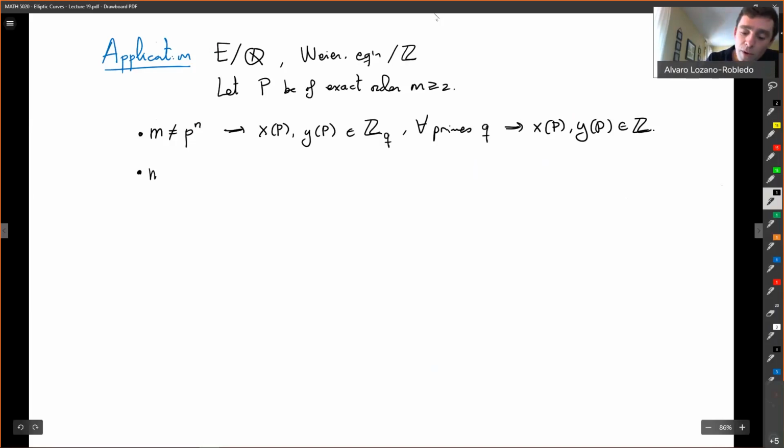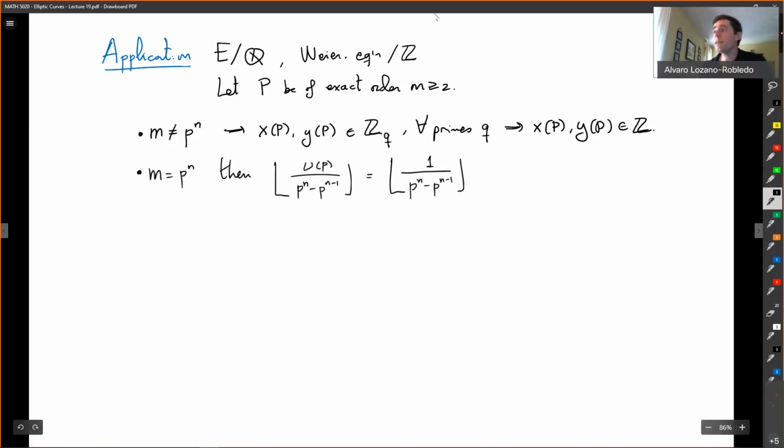If m is a power of a prime, then how much is the largest integer in the valuation of p over p^n minus p^(n-1)? We're talking about Q_p here. So the valuation of p is just 1. And this is going to be smaller or equal to a half, well, let me actually do it in another way.